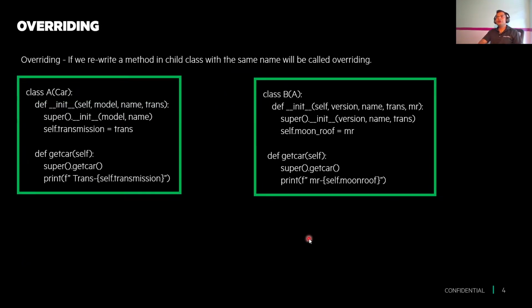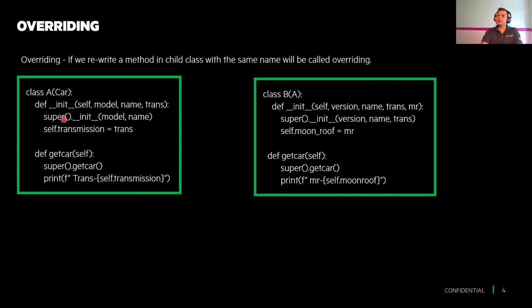And we'll go to overriding. If we rewrite a method in a child class, then the same name will be called overriding. We have already seen inheritance, and sometimes whenever we inherit features from our parent, the methods will not be good enough for the child.